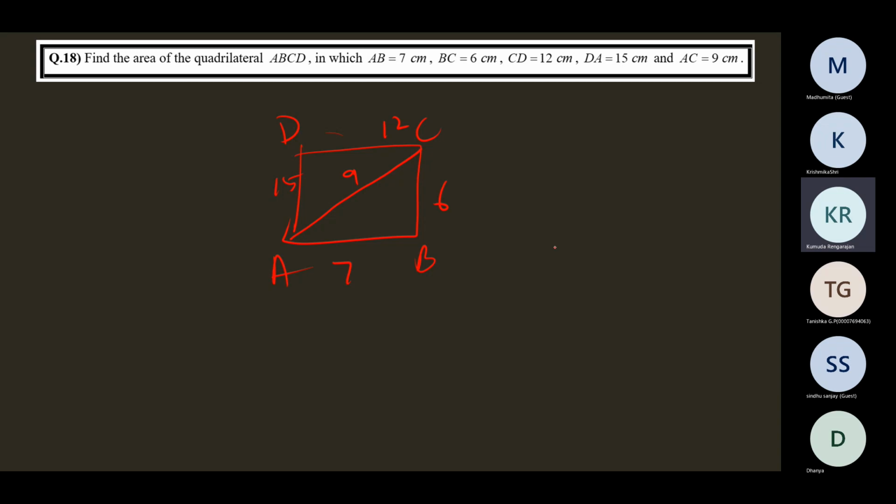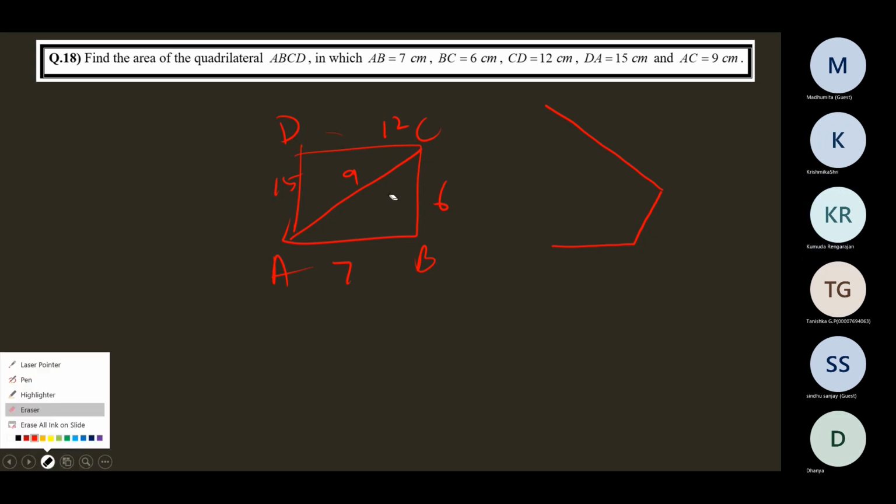So AB is 7. Then just go like this. BC is 6, so let's make it small. Then 12, so let's go longer. And then 15, so like this. That will be slanting. It's not a right angle, is it?